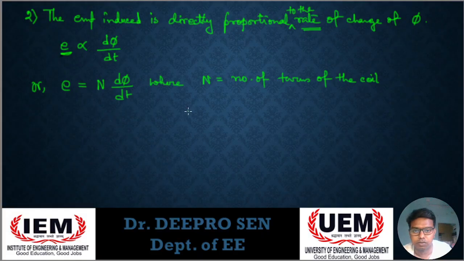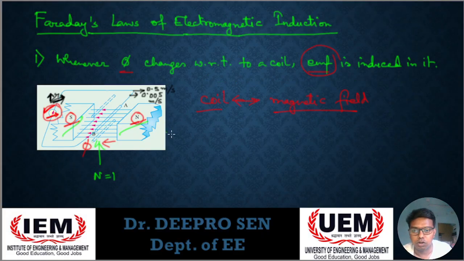But there are cases where the coil can become like this. It will come and go like this, and then it will get connected to a galvanometer.